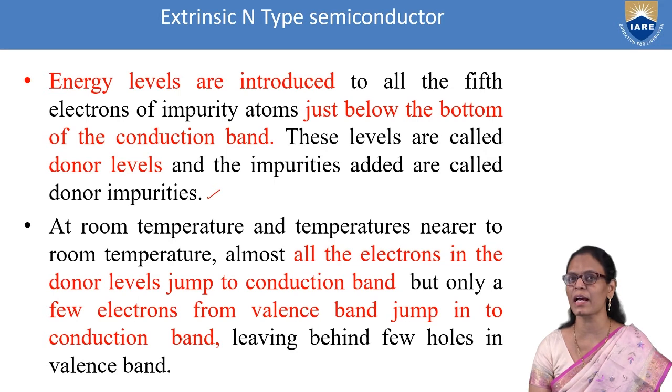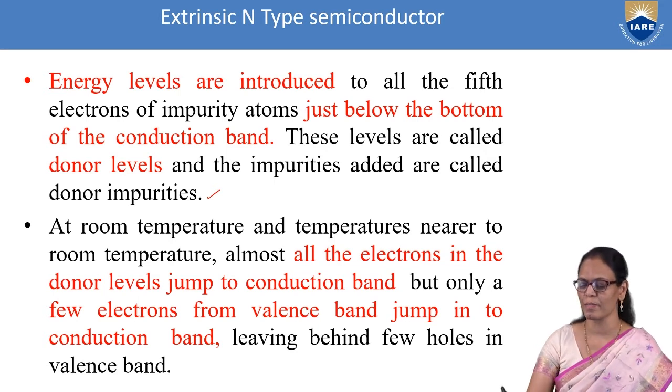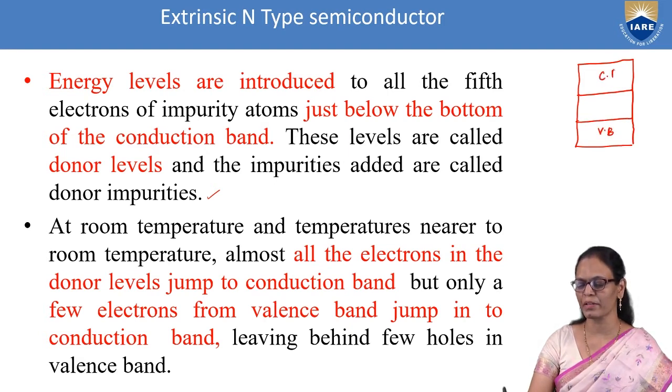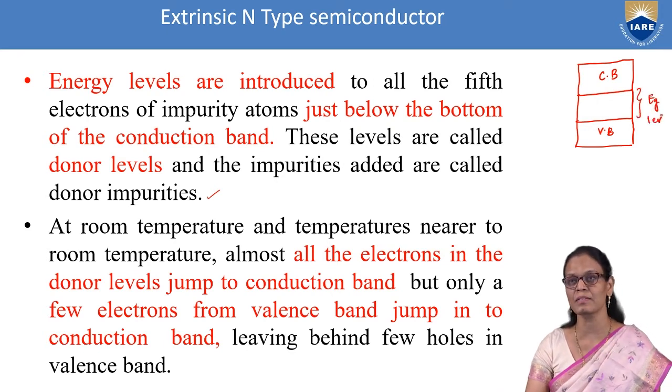Now how do we see the energy band diagram for this? We have the valence band, we have the conduction band. There is a small energy gap of the order of 1 electron volt for semiconductors.